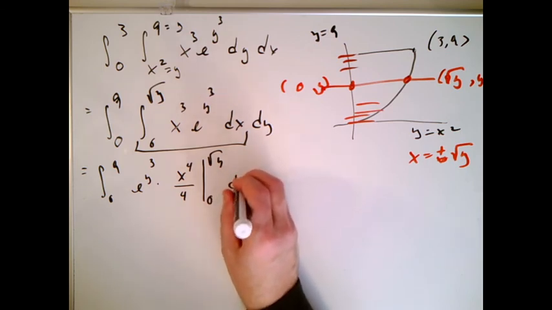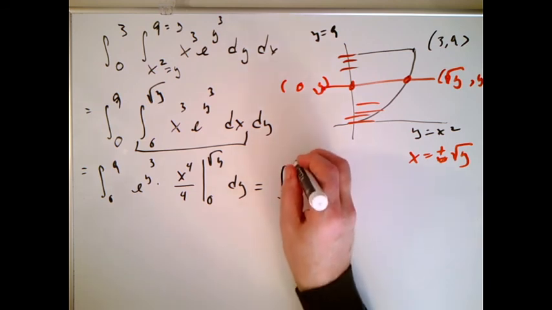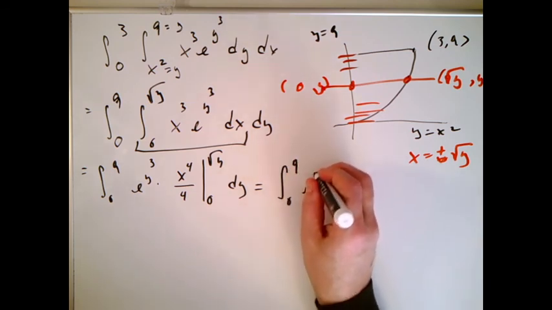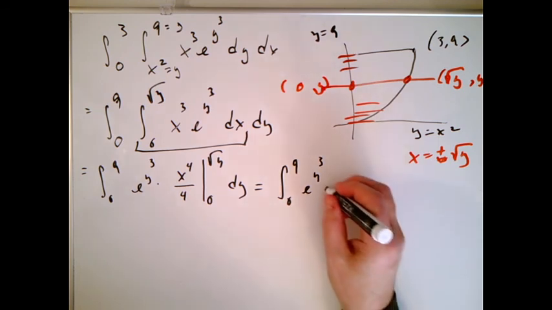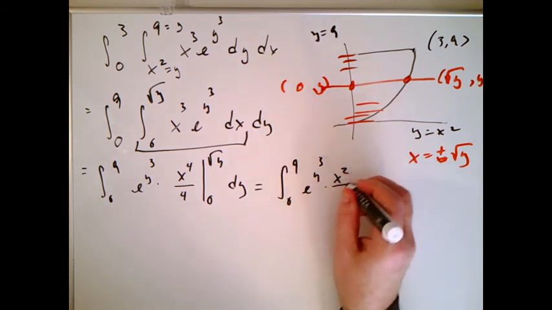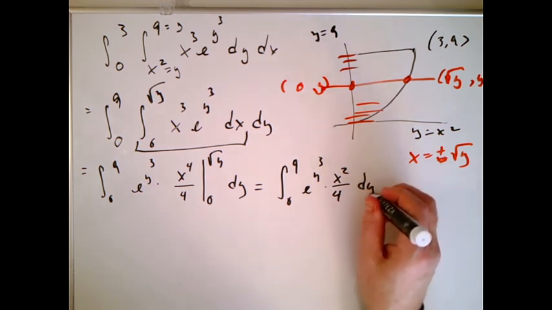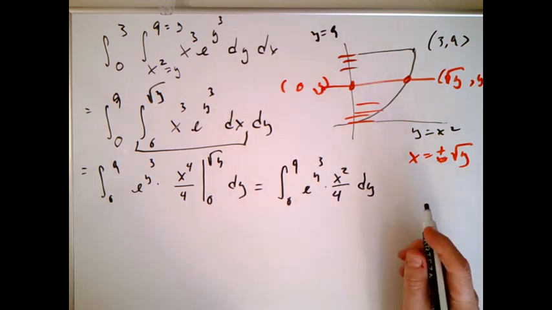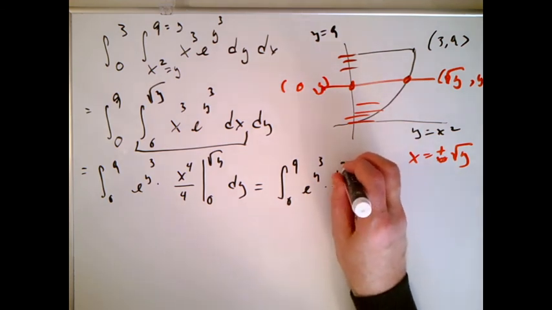I still have a dy out here like this. So I get an integral from 0 to 9. My e to the y cubed is still there. When I plug in square root y, I get x squared over 4. When I plug in 0, I get 0. So what I get is e to the y cubed. Oops, that's y squared. Y squared over 4. Yay, that's better.